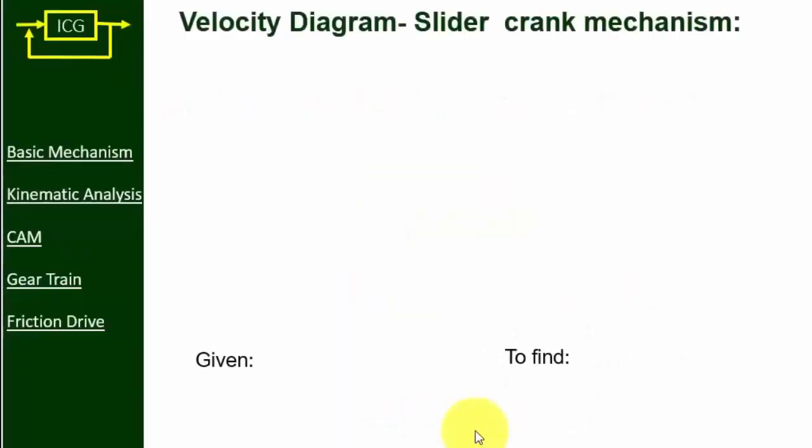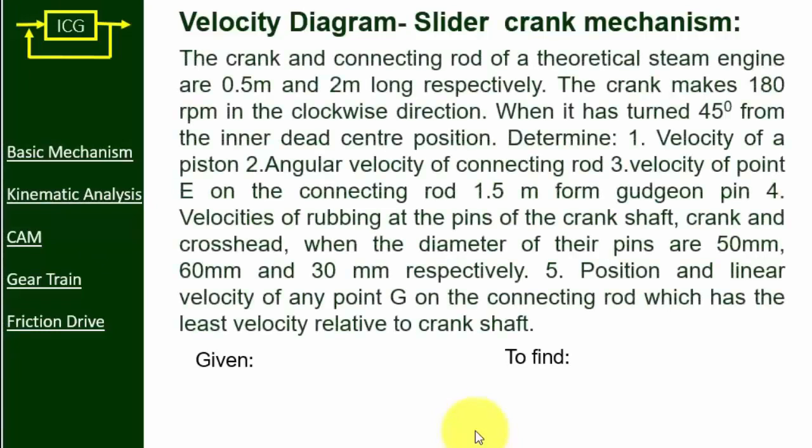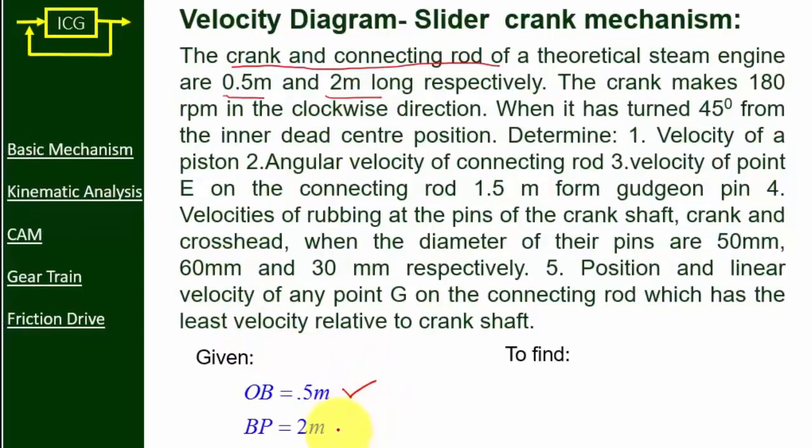We are going to solve a velocity diagram for a slider crank mechanism. The crank and connecting rod of a theoretical steam engine are 0.5 meter and 2 meter long. So OB equal to 0.5 meter, BP equal to 2 meter.